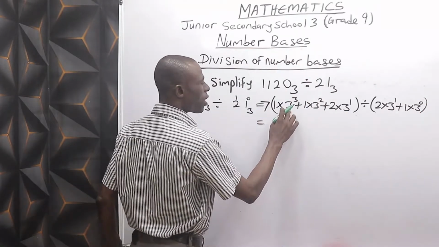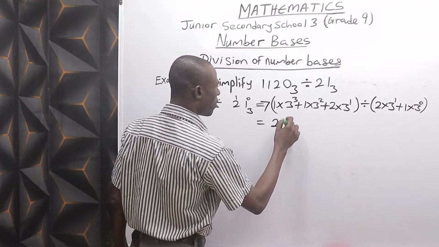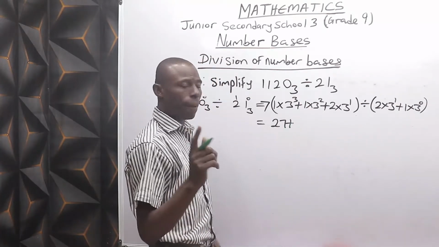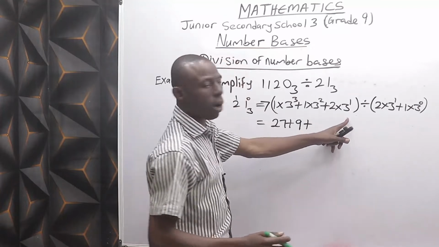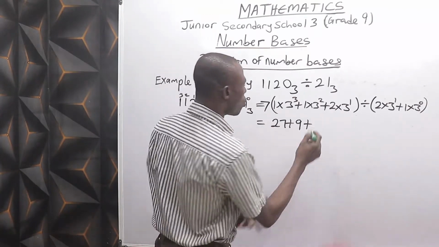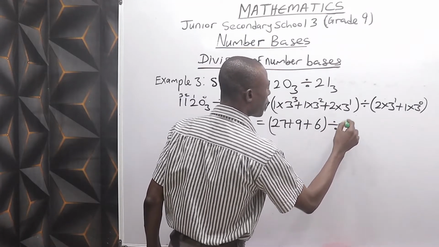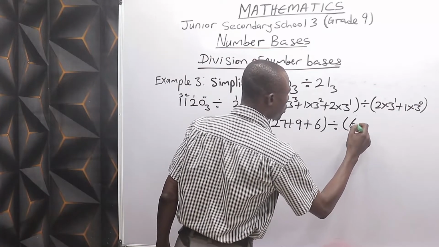So this is 3 raised to power 3 is 27. 27 times 1 is 27 plus. Now 3 raised to power 2 is 9. Times 1 is 9. 3 raised to power 1 is 3. 3 times 2, that is 6. In brackets, divided by 3 raised to power 1 is 3. 3 times 2 is 6.